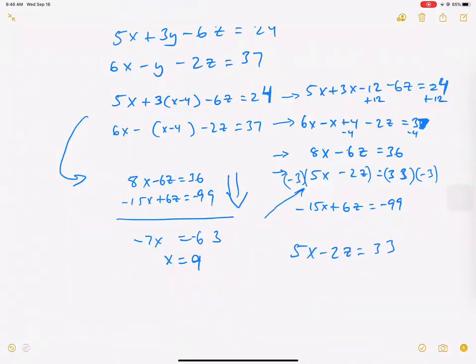You could use 8x minus 6z equals 36. So please plug in the 9 so you can solve for z and tell me what that's going to be.